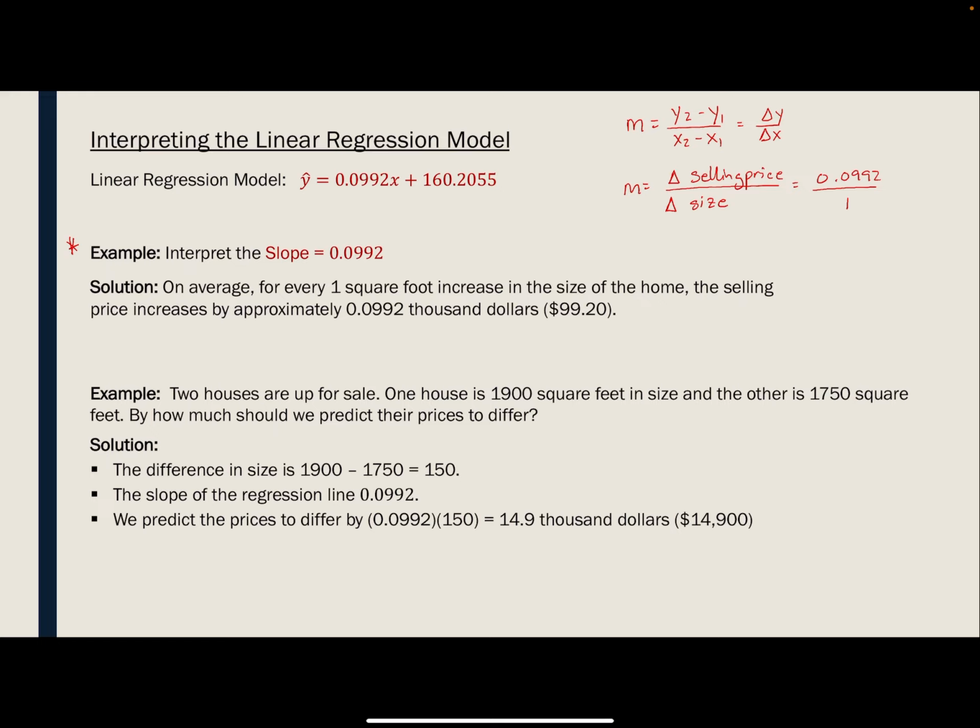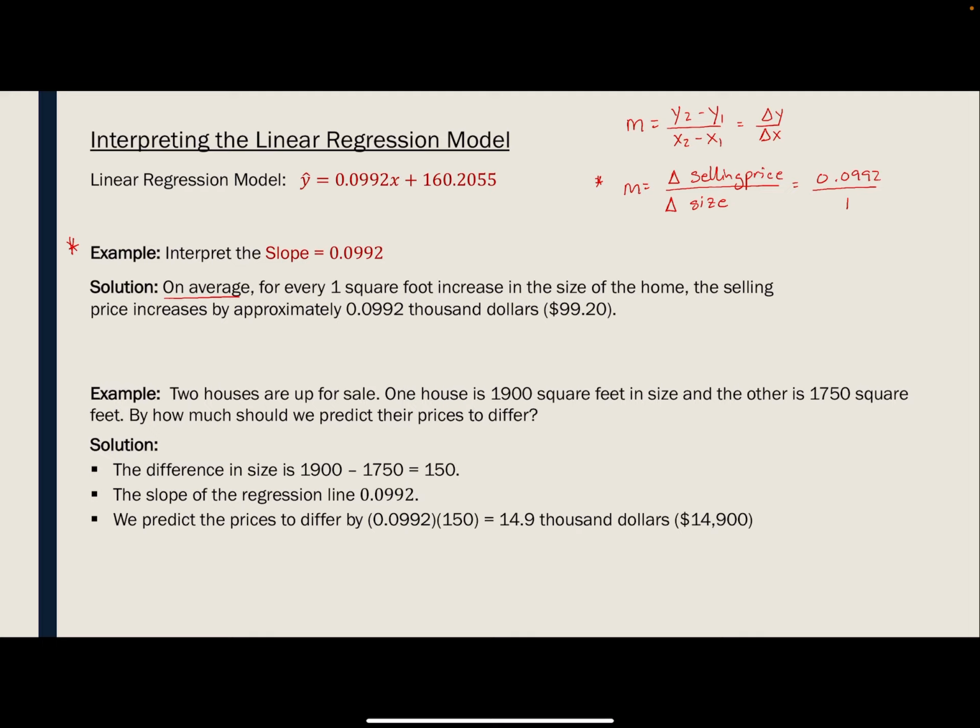So we're going to create a sentence that describes this, and we're going to make sure that we're using the explanatory variable to describe the response variable. Also remember that the model is an average. So we start off by saying on average. Then we're going to start with the explanatory variable.